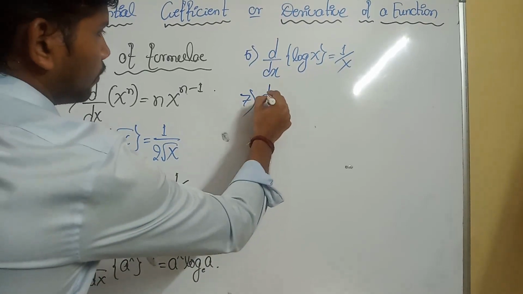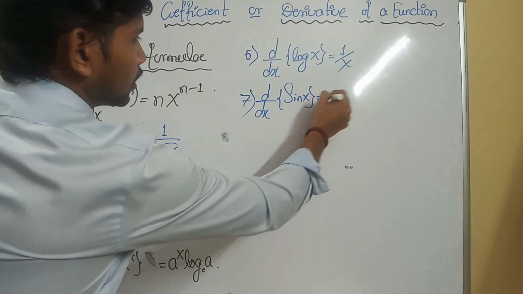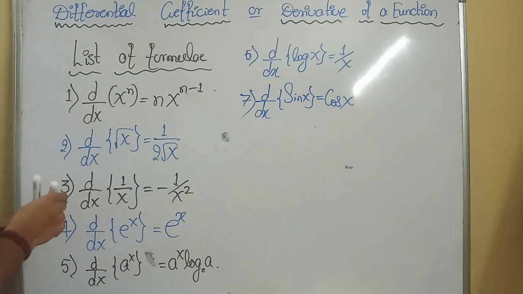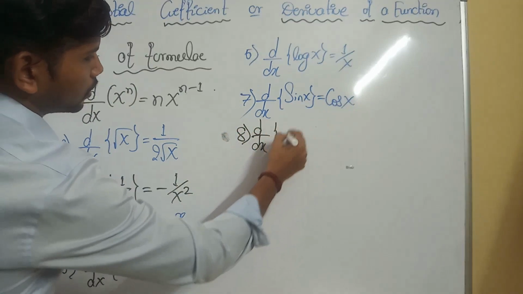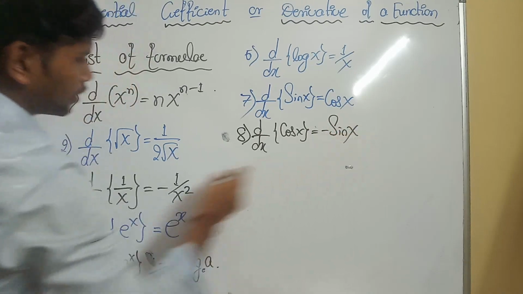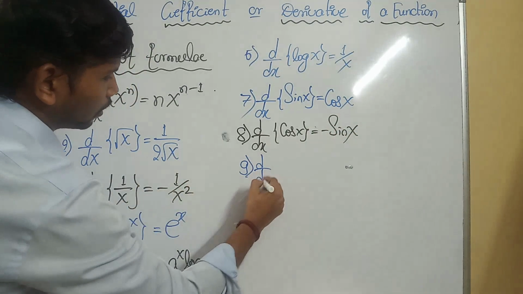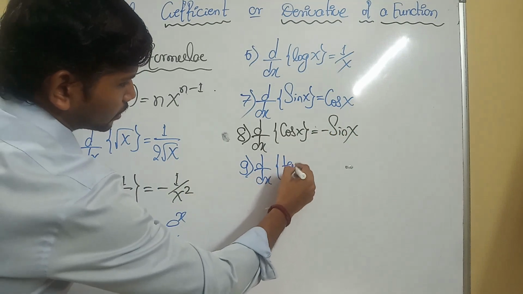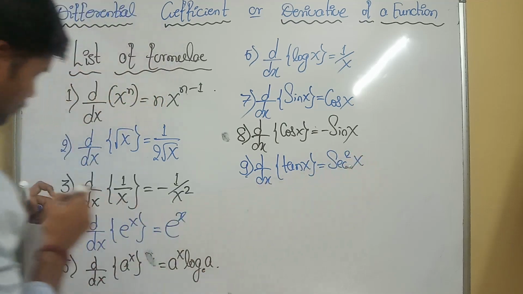Now what is the derivative of sin x? Cos of x. Derivative of cos x is minus sin x. Ninth one, derivative of tan x. What is the derivative of tan x? Secant square x.